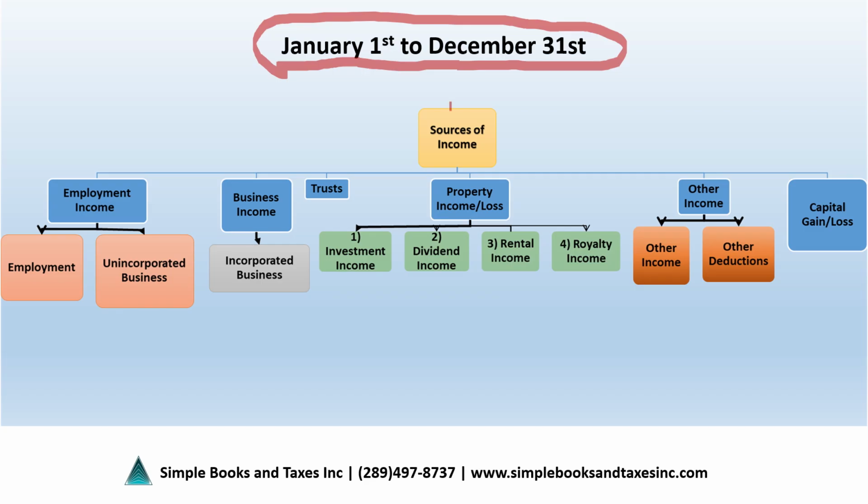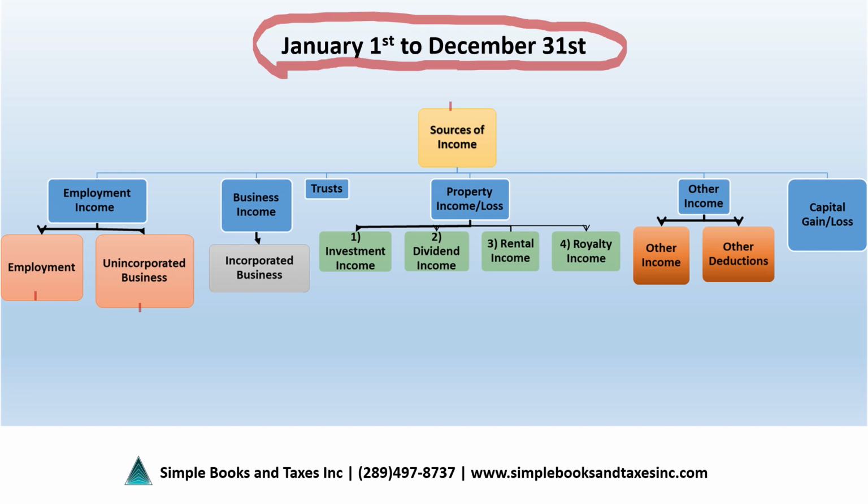For example, a person can earn income from employment as a salary, or self-employment as owning a business, or a subcontractor, or a professional, for example.